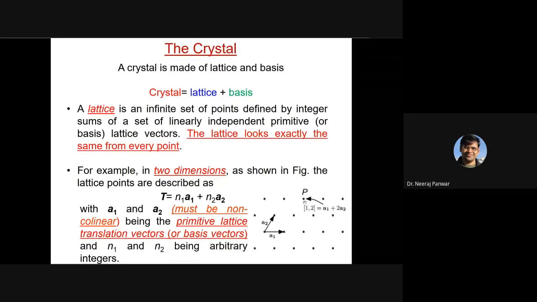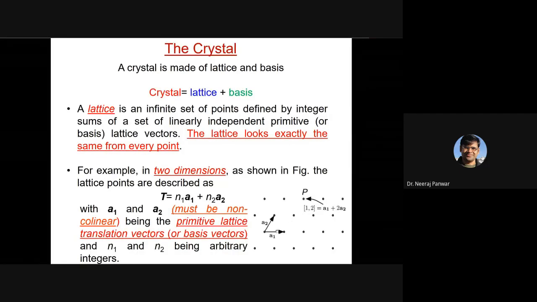If it is a periodic lattice, then the arrangement of lattice points, and I am calling them lattice points because so far we have not placed any atoms or group of atoms, these are only geometrical points.